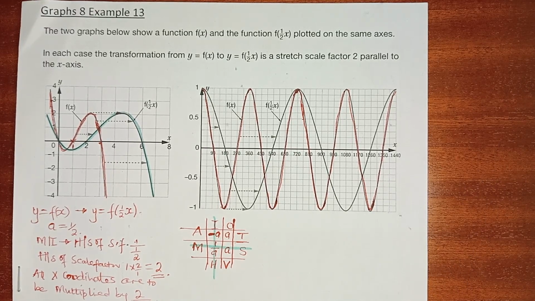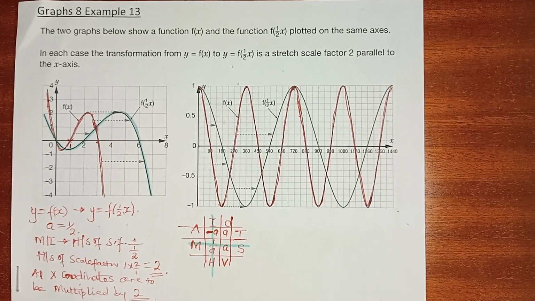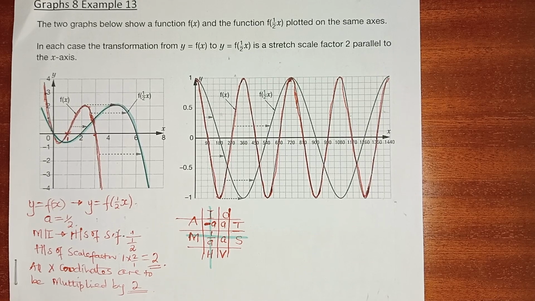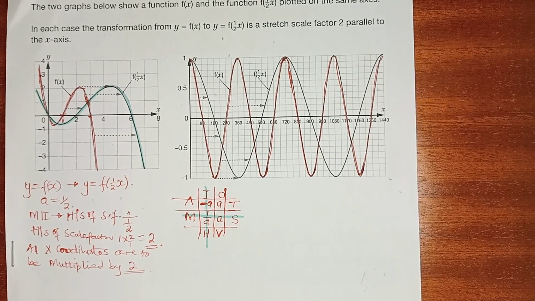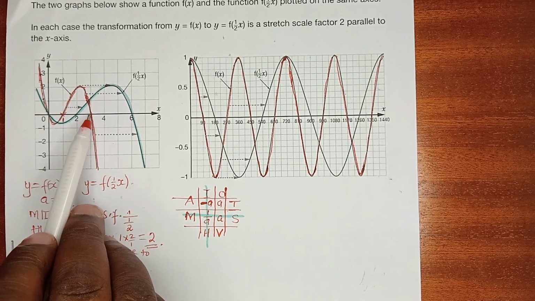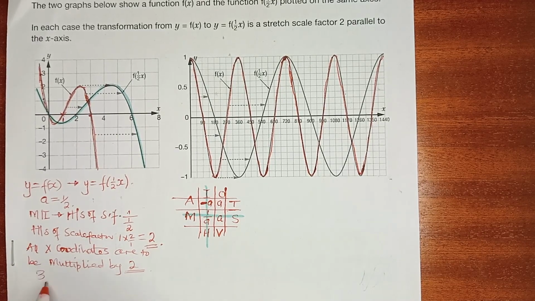If I want to take one conspicuous point in that original graph transformed to another point, we can say, for example, this point 3, 0 is transformed to the point 6, 0. Please note that only the coordinates of x are multiplied by 2 and the coordinates of y do not change.